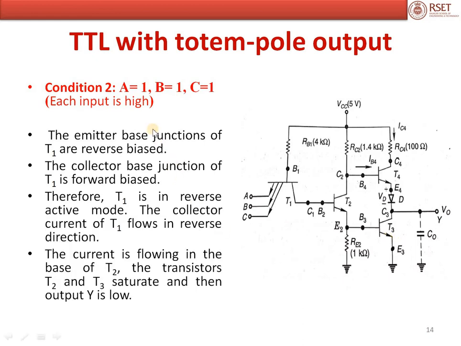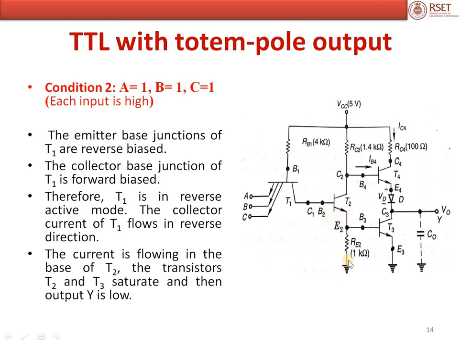Now condition 2, where all the inputs are high. The emitter base junction of transistor T1 is reverse biased and its collector base junction is forward biased because it is connected to VCC through RB1. So the current flows into the base of T2 so that the transistor T2 becomes on.